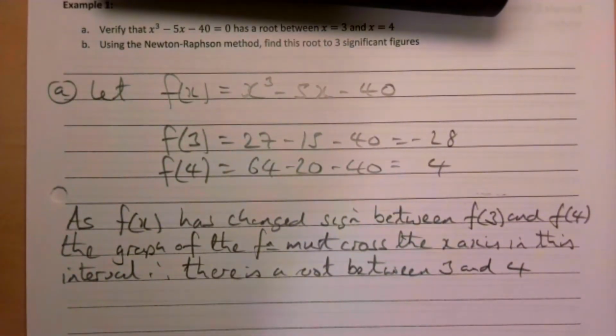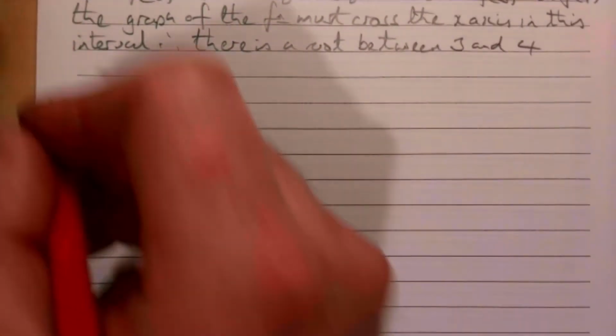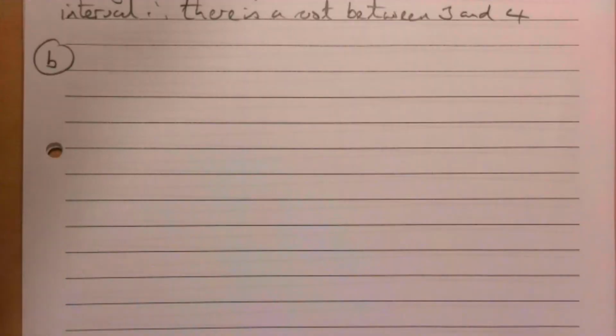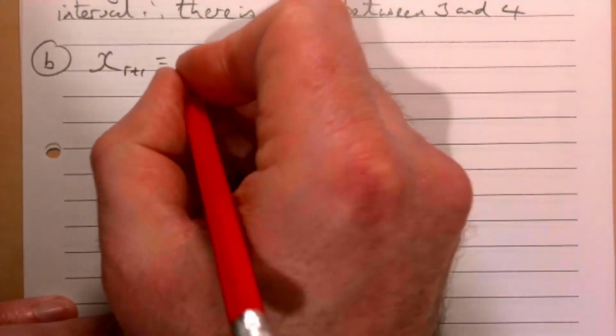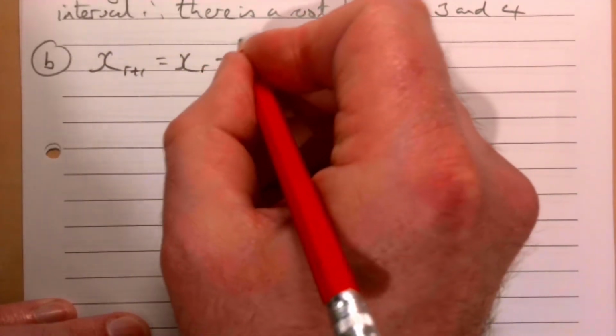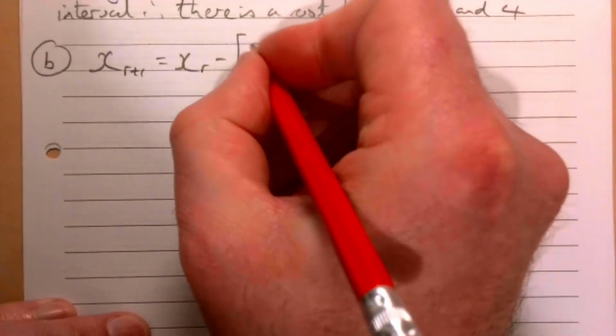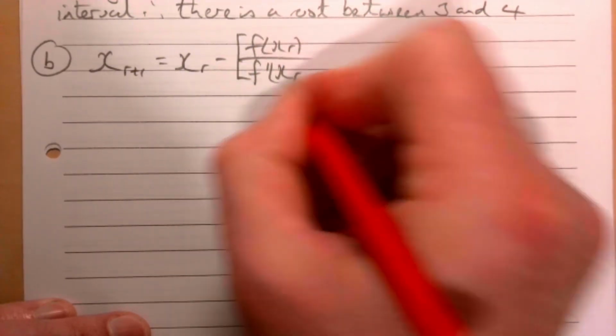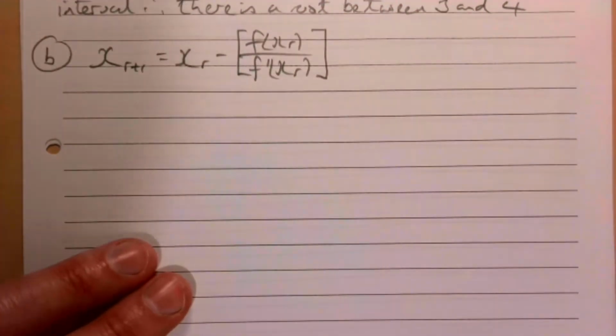Okay, part 2 then, let's go back up so we can read it. Using Newton-Raphson method, find this root to 3 significant figures. So our formula for Newton-Raphson is x r plus 1 equals x r minus f of x r over f dash of x r.